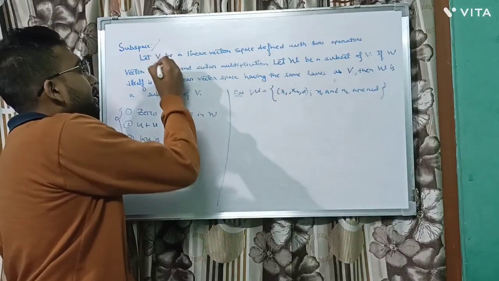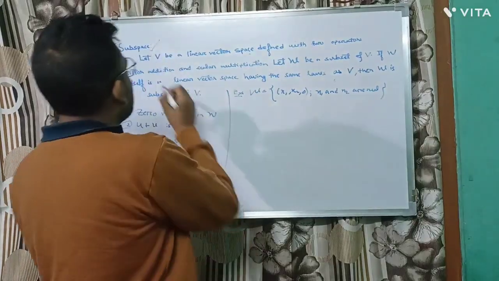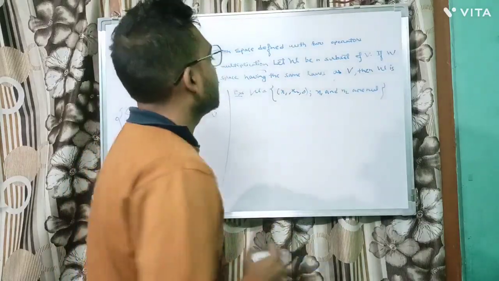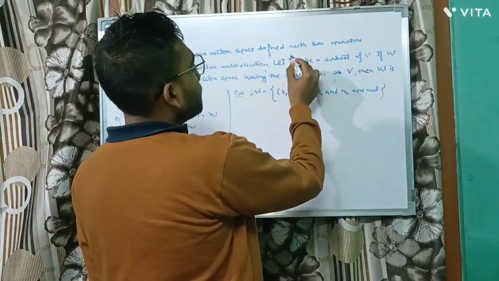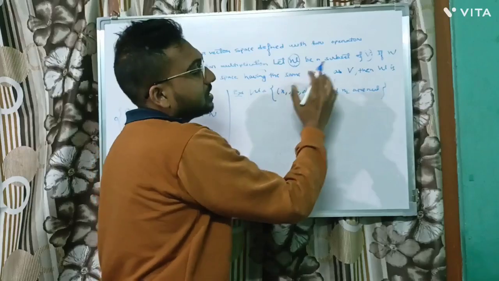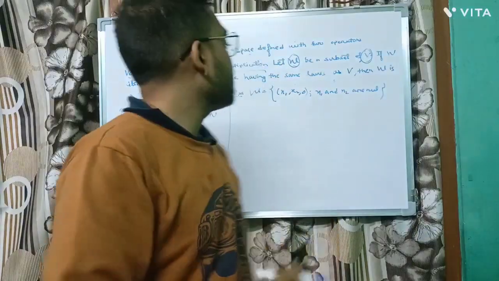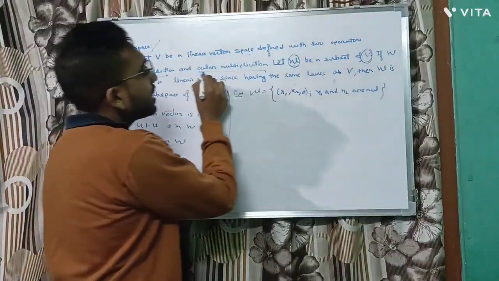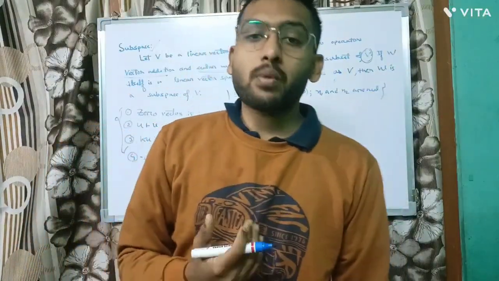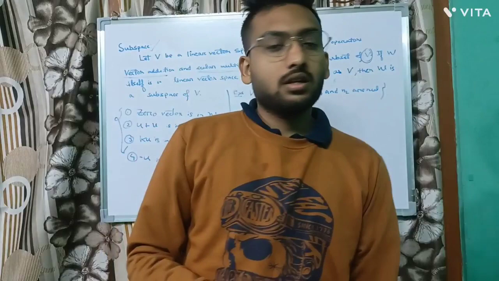If V is a linear vector space defined with two operations, the vector addition and the scalar multiplication, as I have mentioned in my last video, and I have a new set W which is a subset of V, and it is also defined with the same two operations, the vector addition and the scalar multiplication, and the objects in W follow some properties, then the set W can also be a vector space.